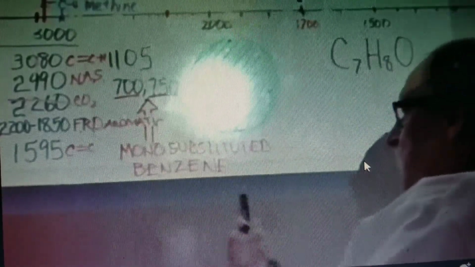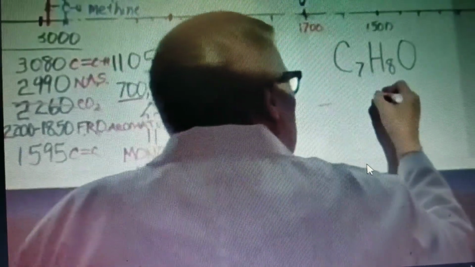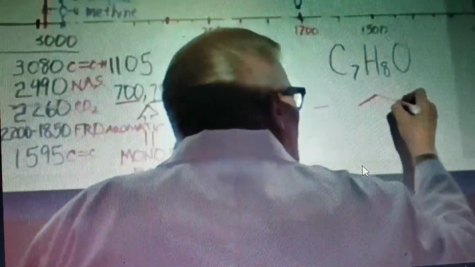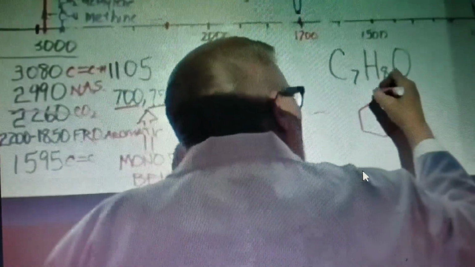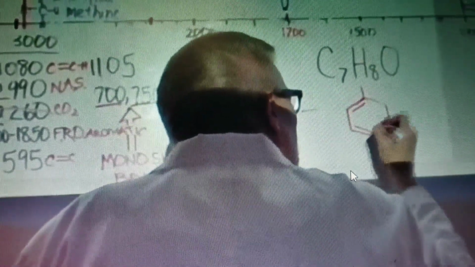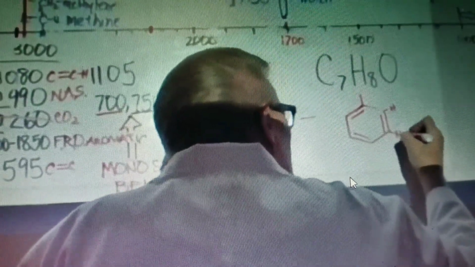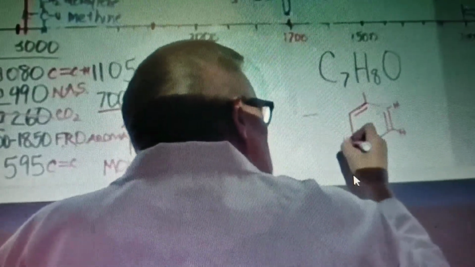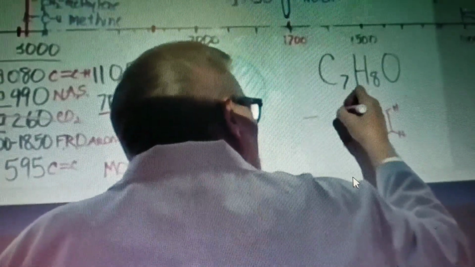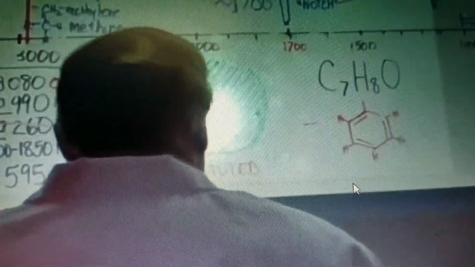That means I can subtract away a benzene ring with one open bond and 5 H's. Isn't that what a monosubstituted benzene is? So I can subtract that piece right there away.